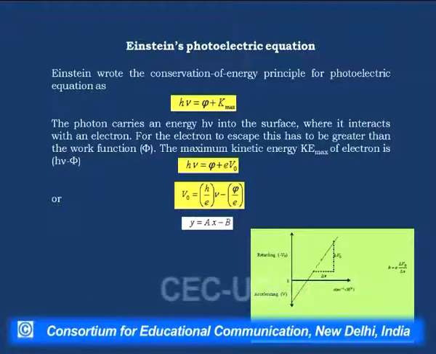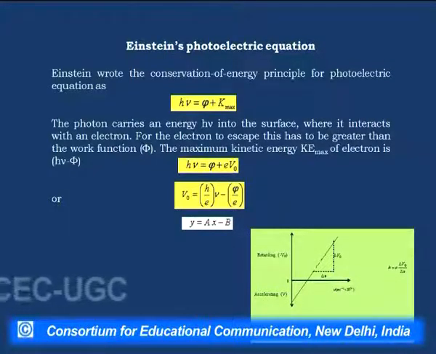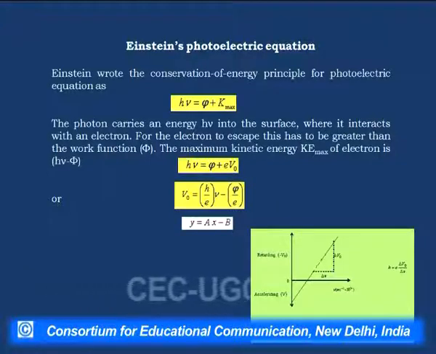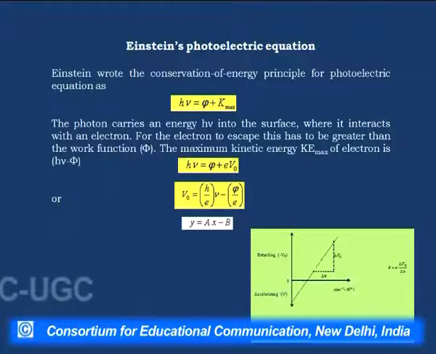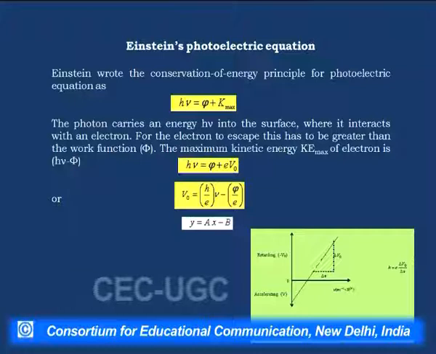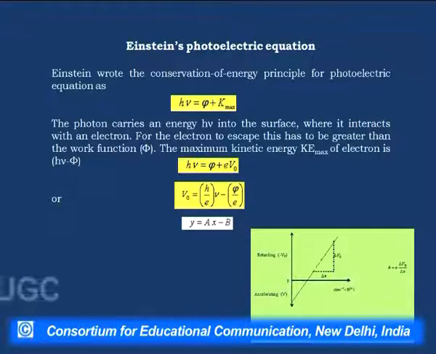So, what we do now is take different frequencies and calculate the stopping potential. This is the graph of stopping potential with the frequency. On the x axis frequency is plotted, on the y axis the stopping potential. So, we get a straight line and it gives an intercept. The slope of this will give us h by e.